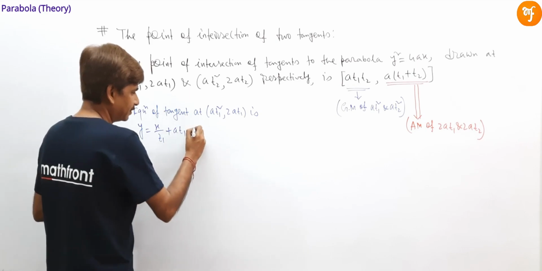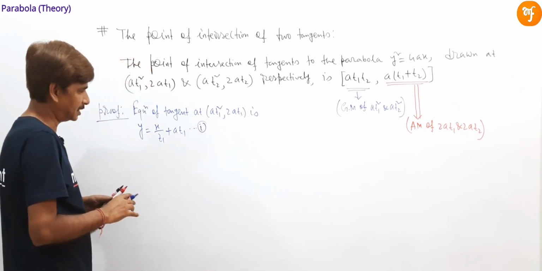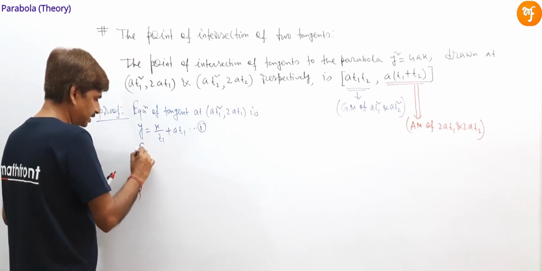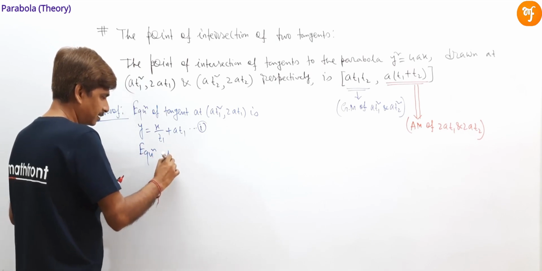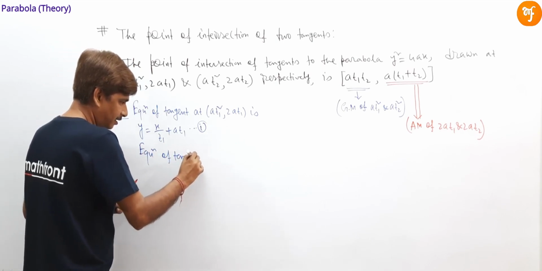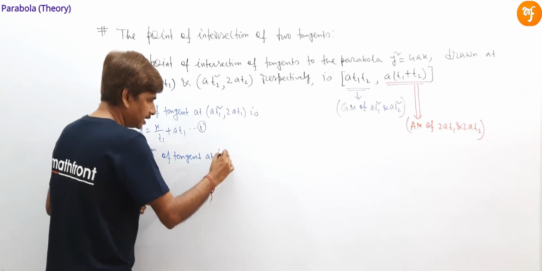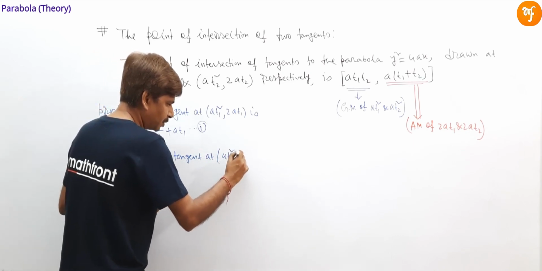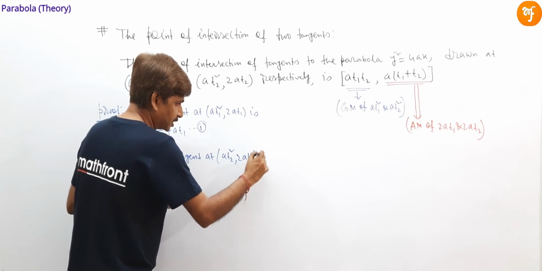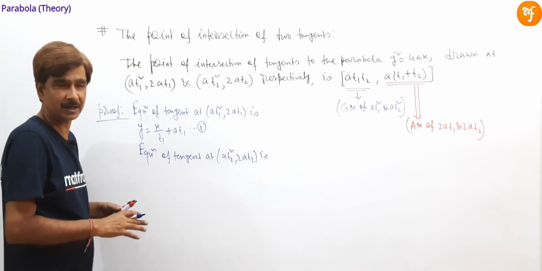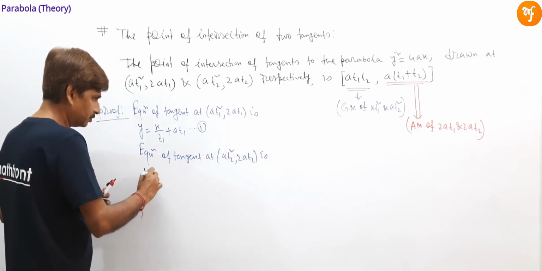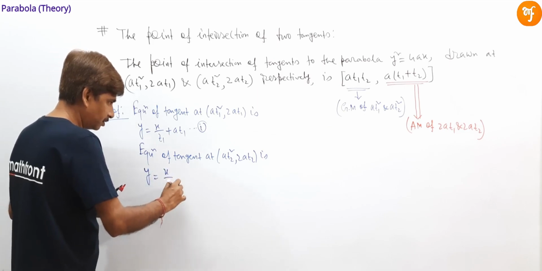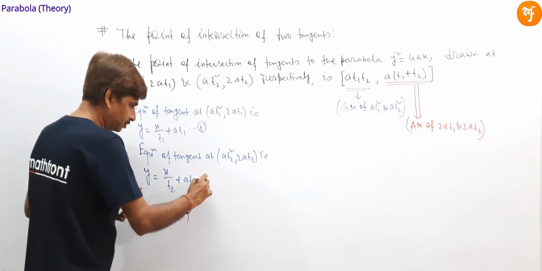So give the name equation 1. Similarly, the equation of tangent drawn at (at2 square, 2at2) to the parabola y square is equal to 4ax is y is equal to x by t2 plus at2.